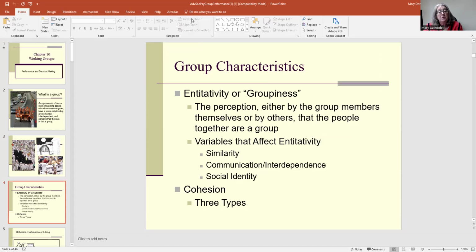And so some of the variables that will affect it: one is similarity. The more similar you feel to the other group members, the more likely you are to feel really groupy in the group. And so the military, they love to make their groups really high in cohesion and groupiness.